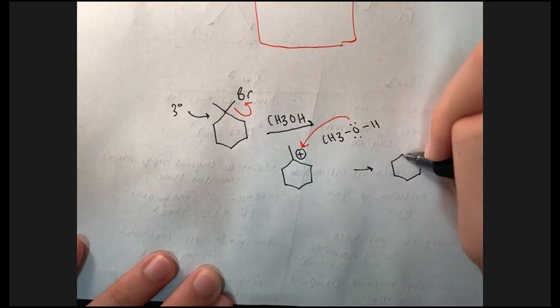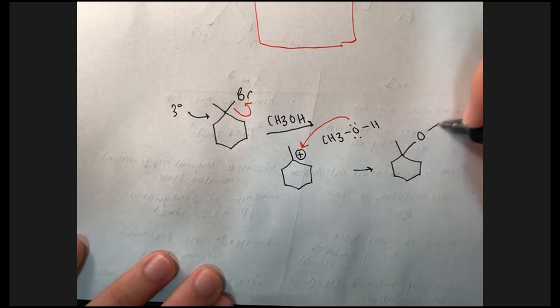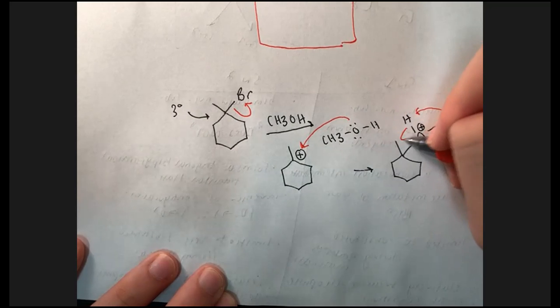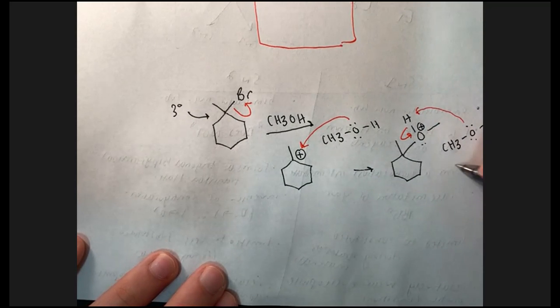You're basically going to get nucleophilic addition, and the exact same series of steps we've seen before with the ether synthesis. So you get this ether formed. Essentially, that's the product.